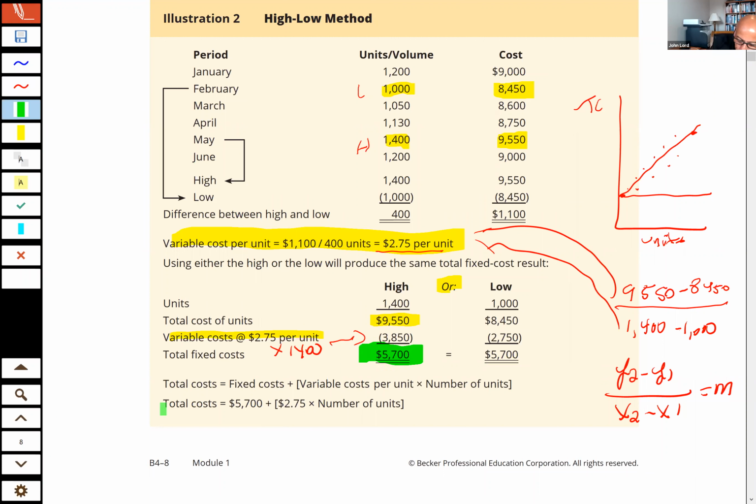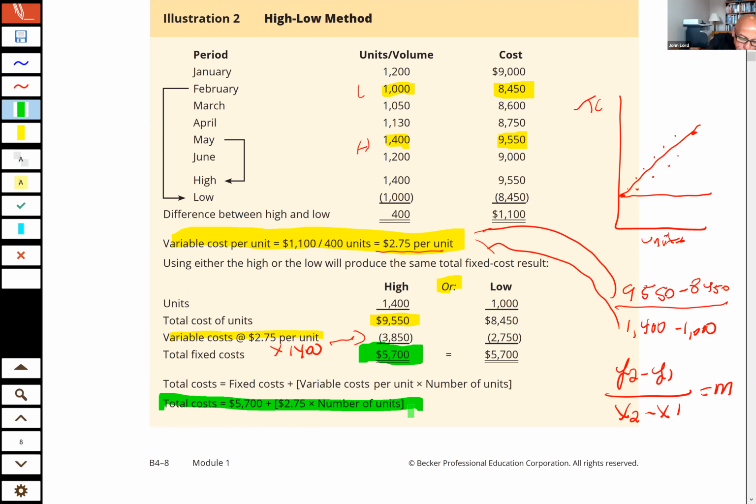Now I have an equation that allows me to calculate how those costs are going to move. If I produce 10,000 units, let's just use that, I'd say 5,700 plus 275 times 10,000 units.